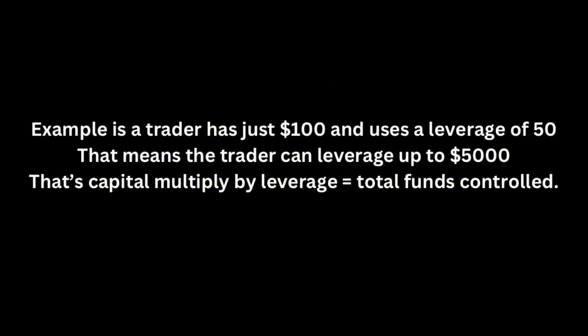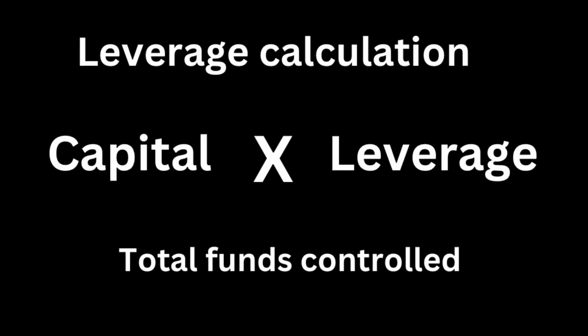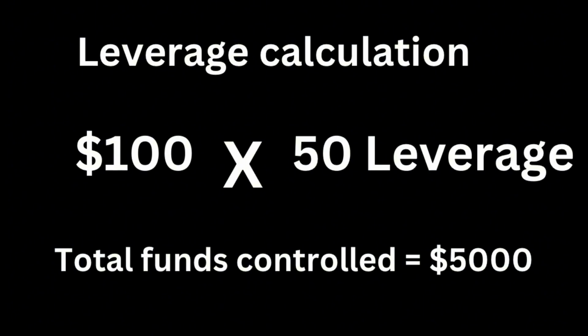Now how do we get this math? To calculate this, all you need to do is multiply the capital and the leverage, which will give you the total funds that the trader can control. That is, once you multiply $100 times 50, it will give you approximately $5,000. So that is the total money that the trader can actually control.